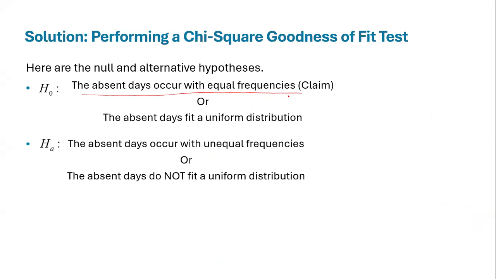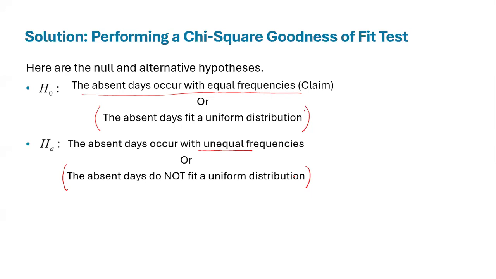And we always put the equal sign in the null; not equal goes in the alternative. Or you can use this sentence instead of the first sentence: the absent days fit a uniform distribution. If you use this one, you need to use this one for the alternative: the absent days do not fit a uniform distribution. Just use one of these options, the first sentence for each or the second sentence for each.